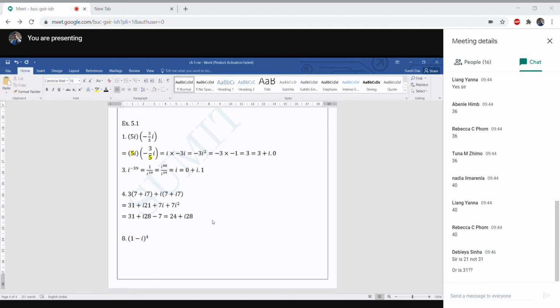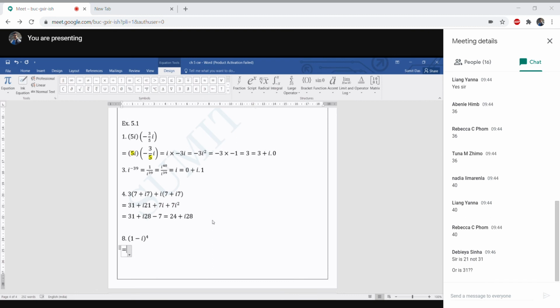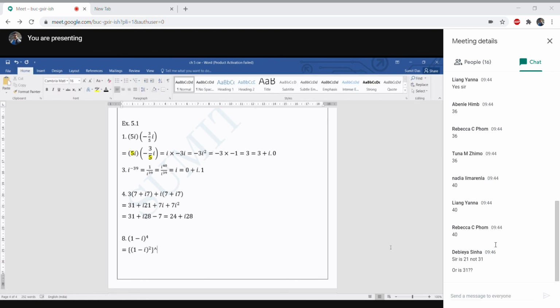In this question we can write this as 1 minus i whole square, then the bracket whole to the power 2, right? So 1 minus i whole square, then another whole square.